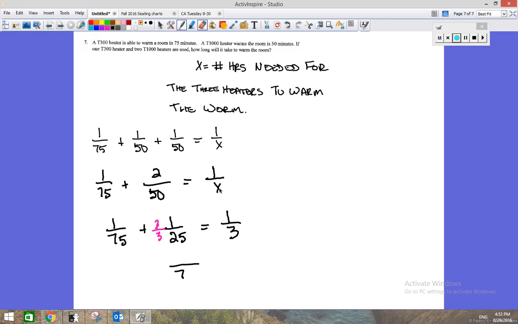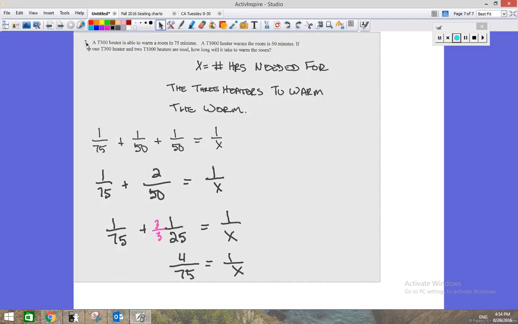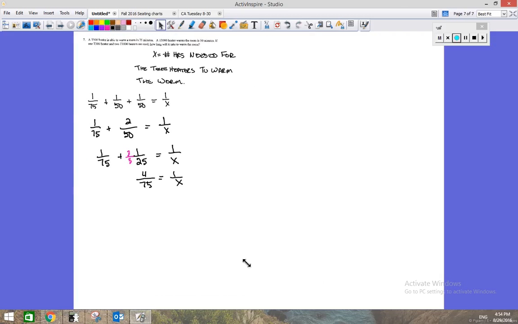I saw x, and I was thinking 3. I changed the x for some reason. Sorry about that. Common denominator of 75, and 1 plus 3 times 1. 1 plus 3 is 4. To solve for x, let's just take the reciprocal of each side. 75 over 4, x over 1.